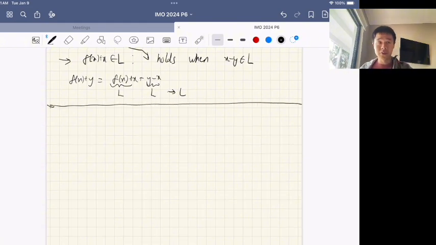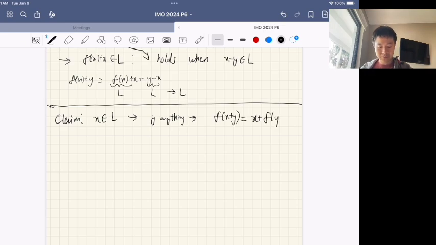Now we want to formally write what we claim. So we want to claim that if f(x) is in L, then for any y, f of x plus y equals x plus f(y). Proof.